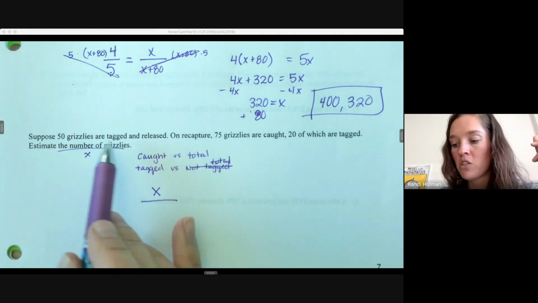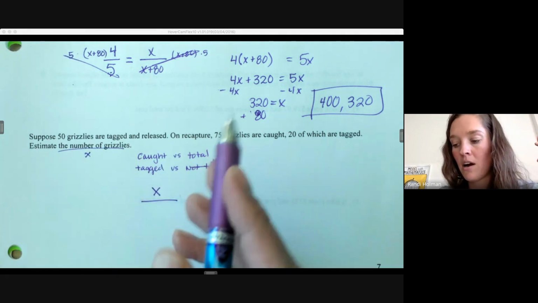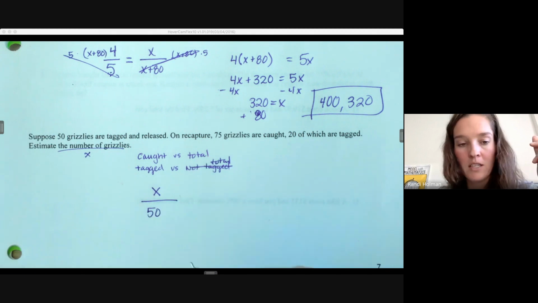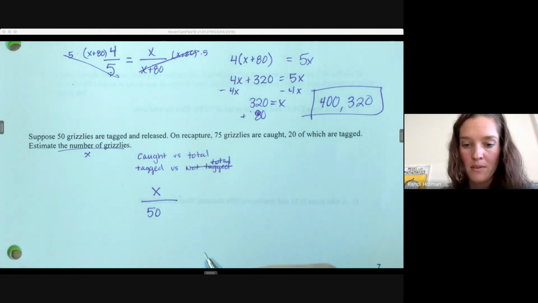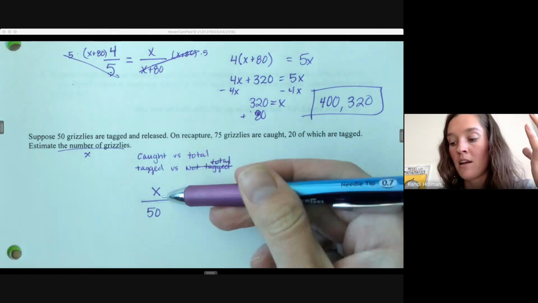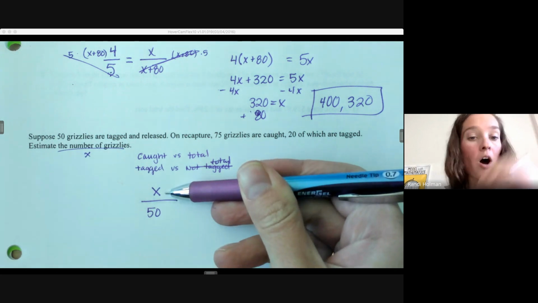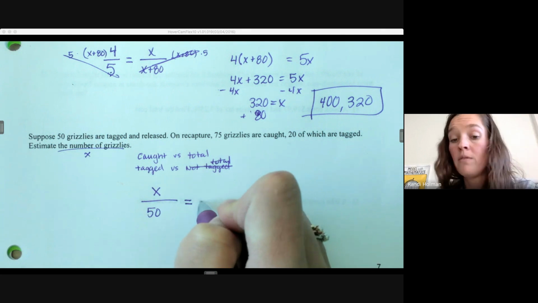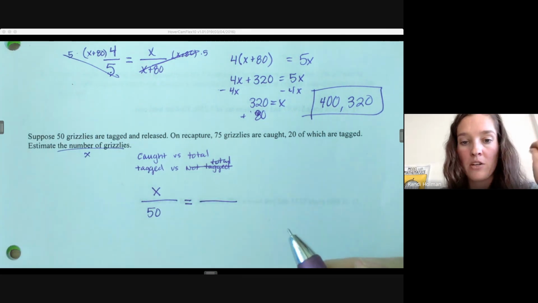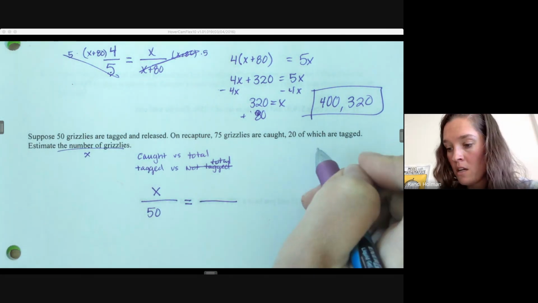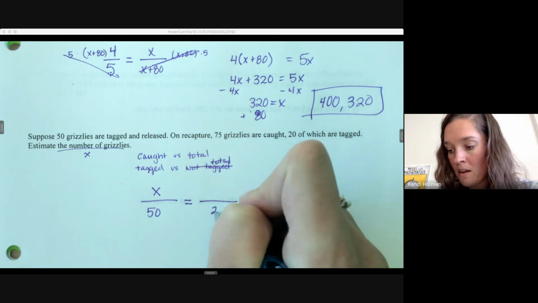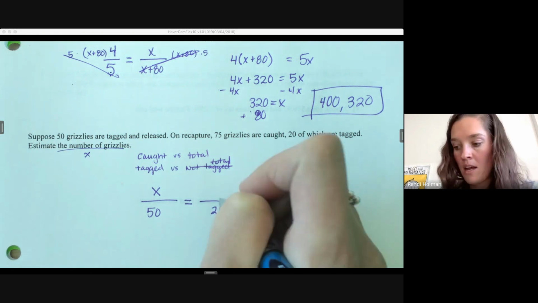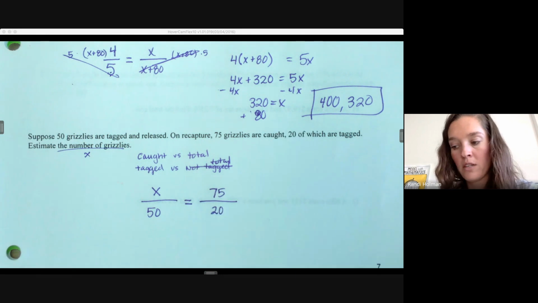Sorry. So the total grizzlies tagged there are 50 grizzlies that were tagged total. Compared to the total, all the grizzlies that are out there should be equal to the ratio of those that are tagged that are caught. So 20 of the caught grizzlies are tagged and 75 total grizzlies were caught.